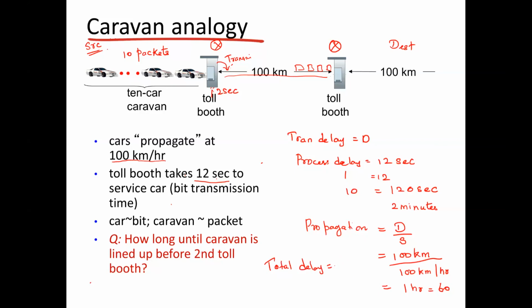In this case, we have 2 minutes of processing delay and 60 minutes of propagation delay, which gives 62 minutes. We get a value of 62 minutes. Always when you represent time, you have to give the proper unit. You should not forget. Clear? Does anybody have any doubt in this problem?